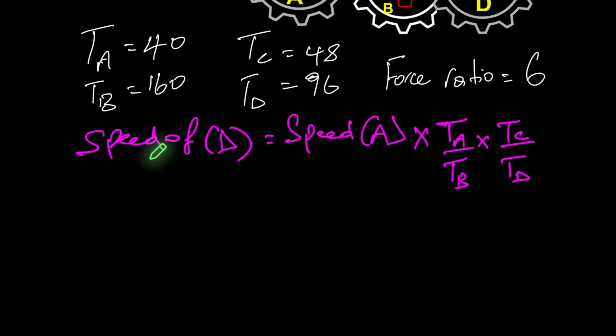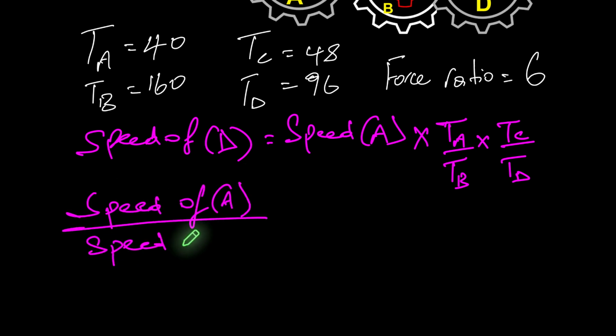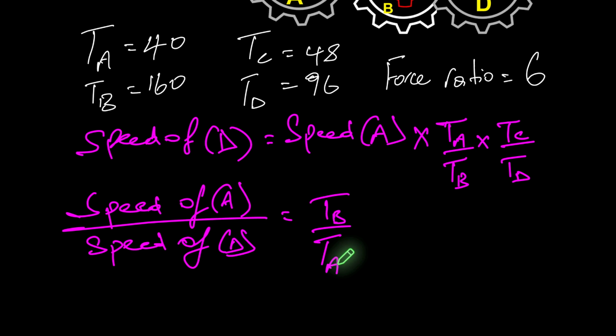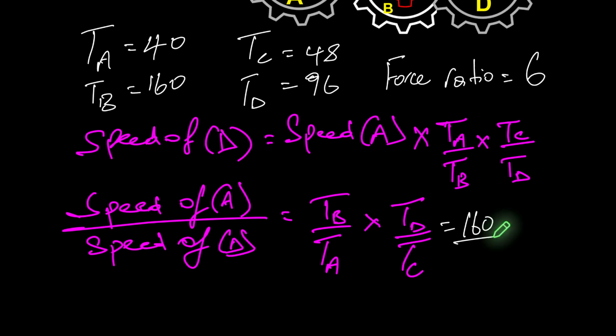For the movement ratio, we're going to rearrange this entire equation, basically flip it upside down, and what we would have is the speed of A over the speed of D. Now that would be equal to, so now we're going to flip this equation over here, the number of teeth in B over the number of teeth in A, and times by, we're just inverting all of these, the number of teeth for D over the number of teeth for C. So once we put our values in, that would give us 160 for B over what we have here for A, which was 40, multiplied by 96 teeth for D and 48 for C. So this leaves us with a movement ratio of 8.